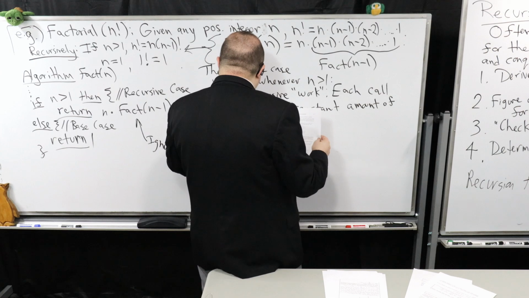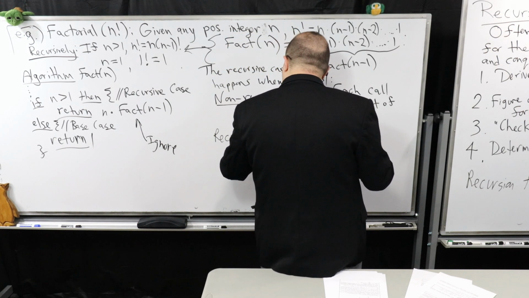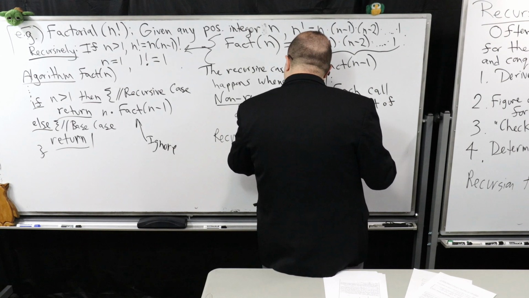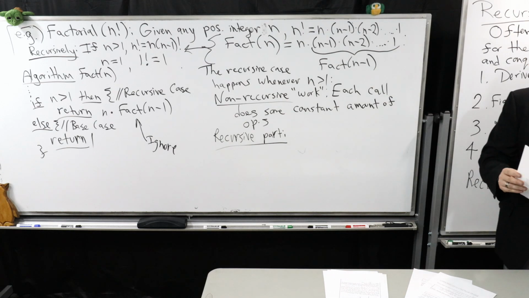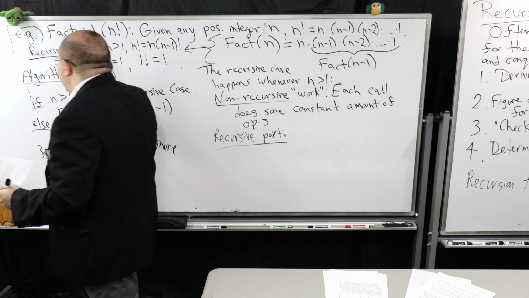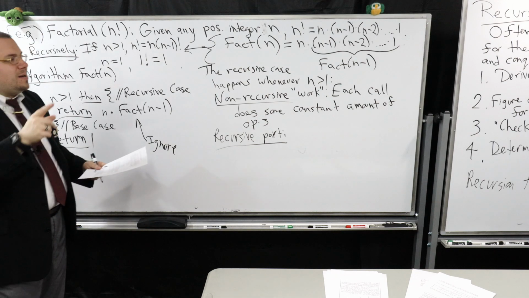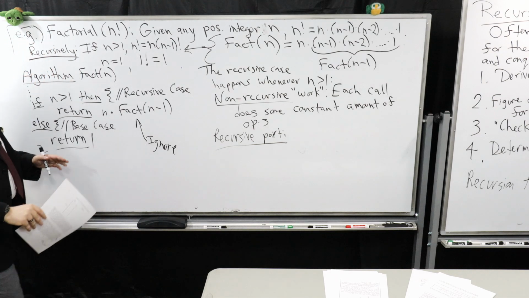So now we're going to try to incorporate the recursive work. So let's look at the recursive part. One thing I want you to notice is that whenever I have n as my input, it always gets decremented down by 1, right? That's what happens every single time. There's only one recursive call.